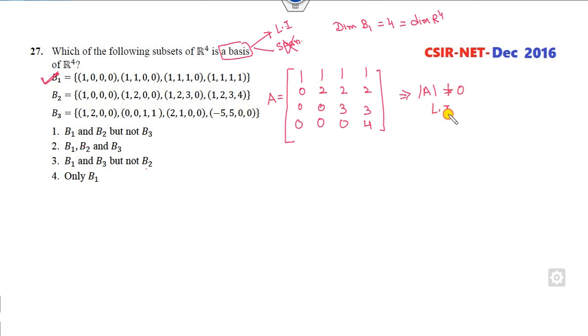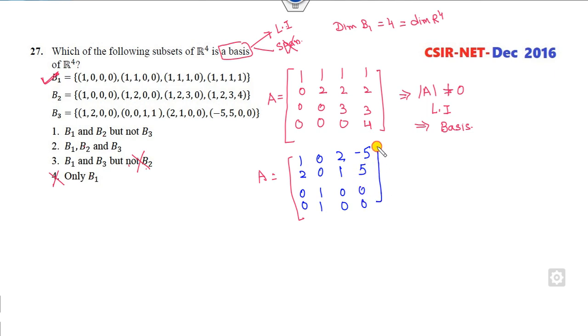It means this is linearly independent, so this is a basis. So B2 is also not cancelled out. Now we will check B3. We can write the column matrix: 1 2 0 0, 0 0 1 1, 2 1 0 0, minus 5 5 0 0.